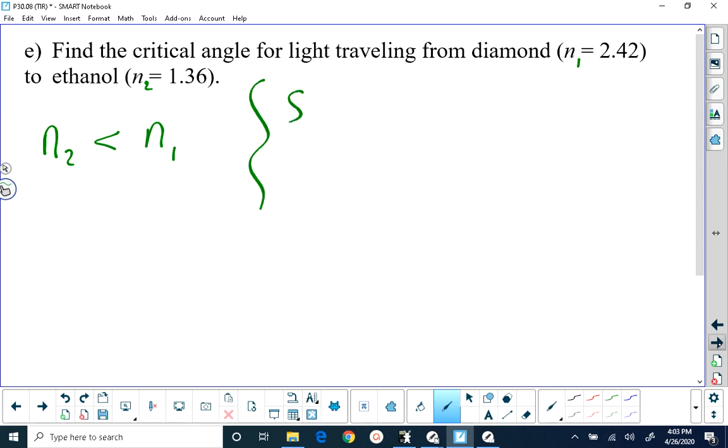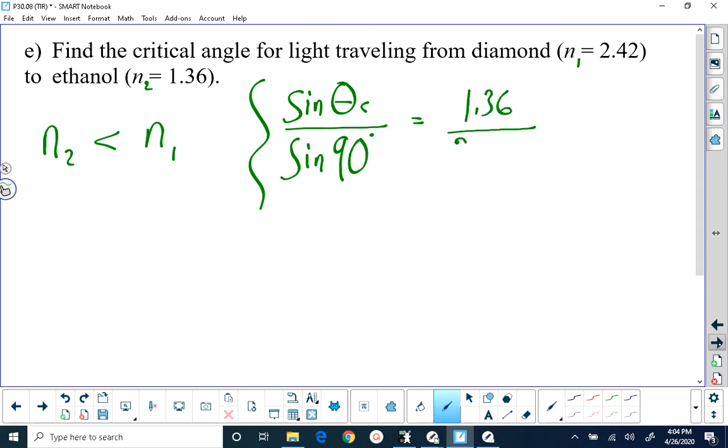Regardless, we take Snell's law, sine of theta 1, which is the critical angle, over sine of theta 2, which is 90 degrees, equals N2, 1.36, over N1, 2.42. So essentially take 1.36 divided by 2.42, then take the inverse sine of it.